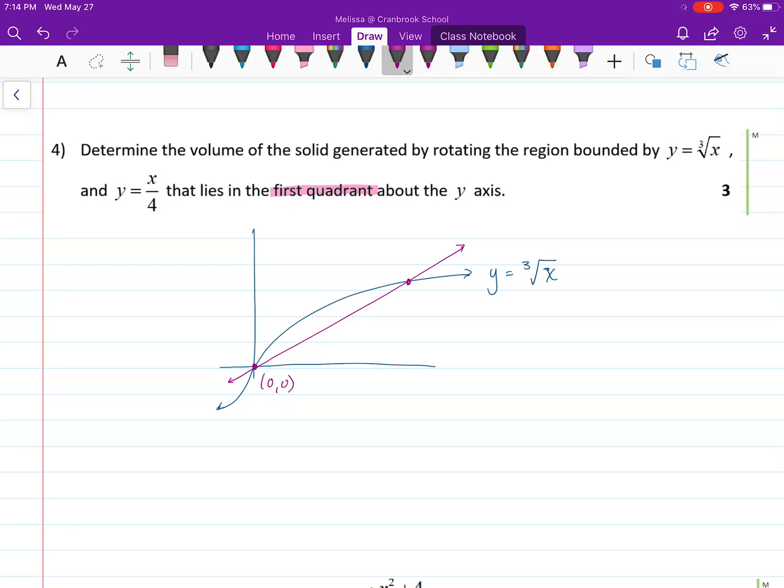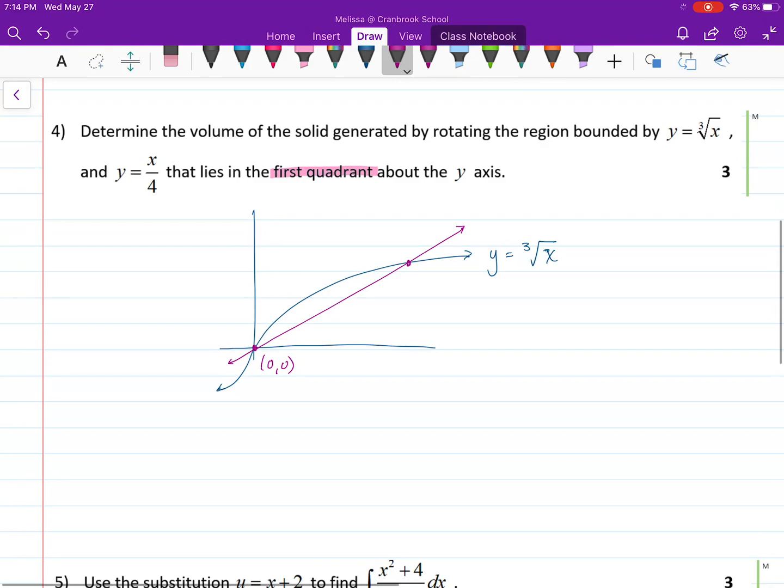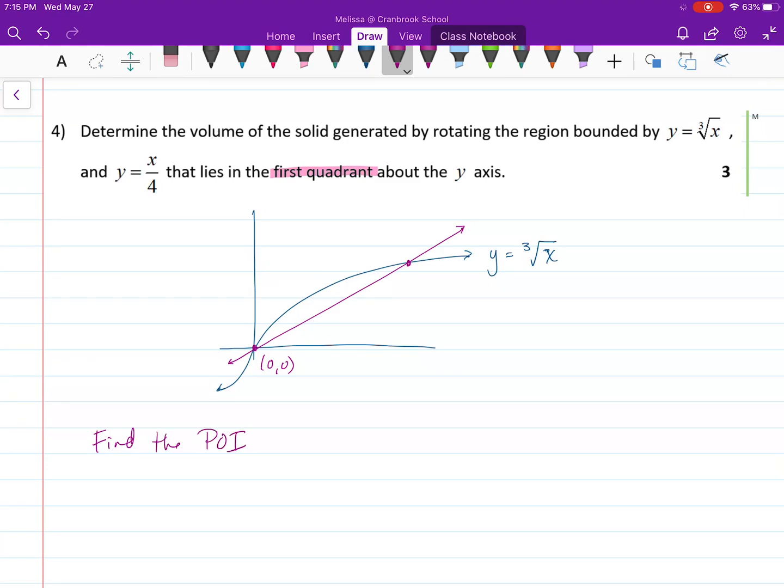And so I would suggest that that would be a part II where it was asked that you find the point of intersection. So therefore, that's point of intersection, not point of inflection. So just solve it simultaneously.